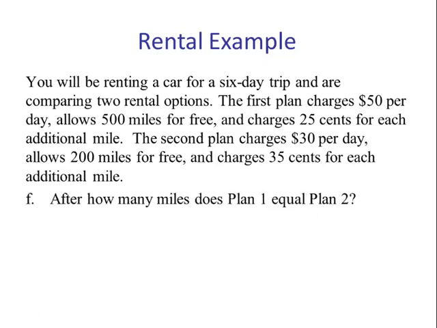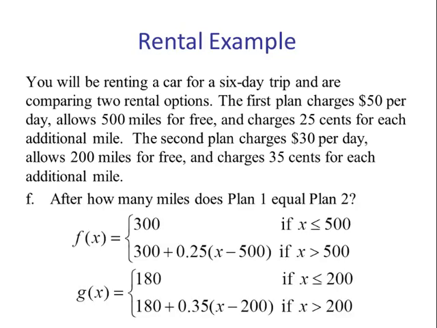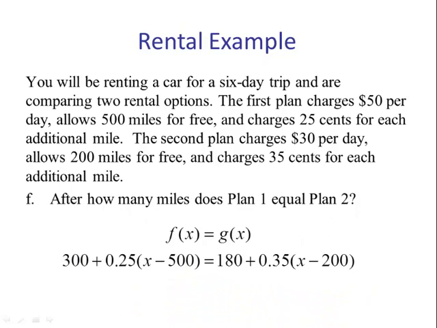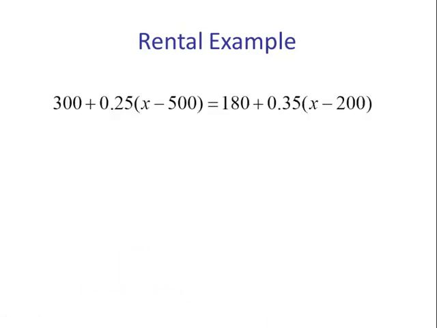F. After how many miles does Plan 1 equal Plan 2? So we have our two piecewise functions here, and we want to know when F is equal to G. So if we look at F equal to G, we have this equation equal to this equation, and we're going to solve for X. Our first step is to do the distributive property on both sides.